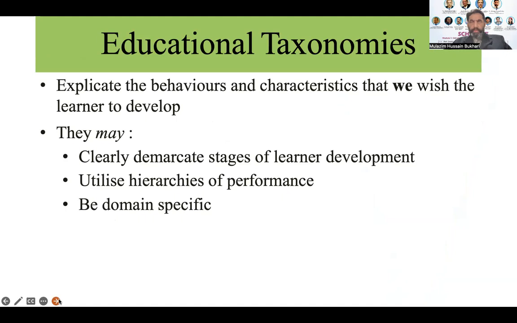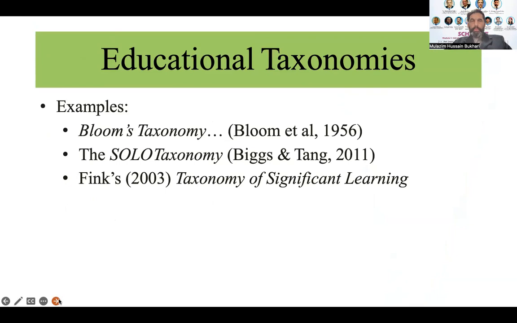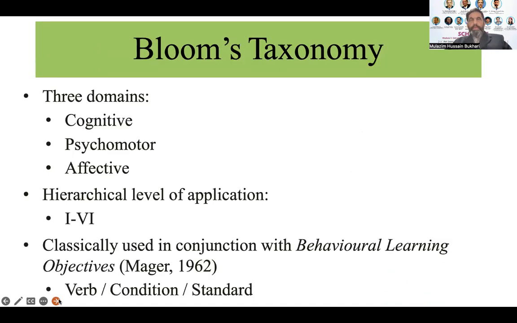What are the educational taxonomies behind these models? It's very important. There are many taxonomies, but Bloom's taxonomy is key. Taxo means to organize or arrange, and onomy means science. It tells how you arrange your curriculum and how you teach it to achieve the objectives.